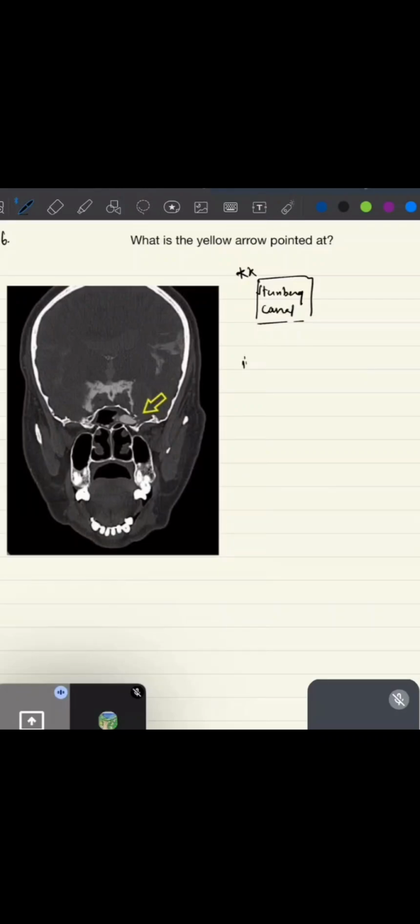So this is basically formed by incomplete fusion of greater wing of sphenoid to the presphenoid. Remember the Sternberg Canal and its importance.